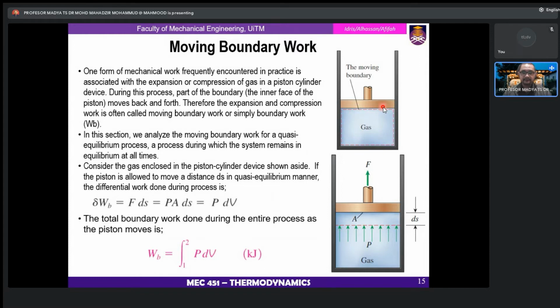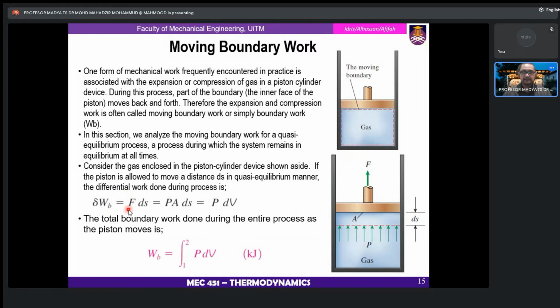To find the work in this piston cylinder device, we can show these expressions in a mathematical model. To find this work, we take the differential work done by this process.